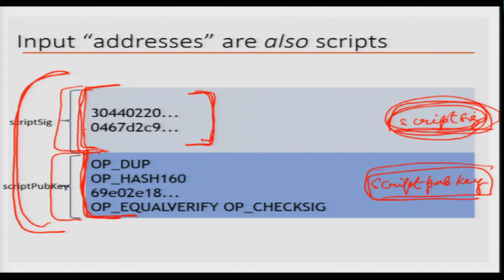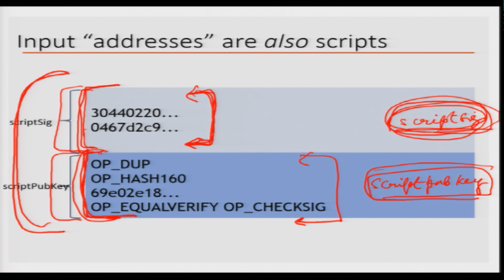This is not the output of the current transaction, this is the output of the previous transaction, which is being used as input. So, in the input I put my signature saying that I am referring to so and so transaction, on which so and so output 0 or 1 or 2, whatever, I am going to redeem.